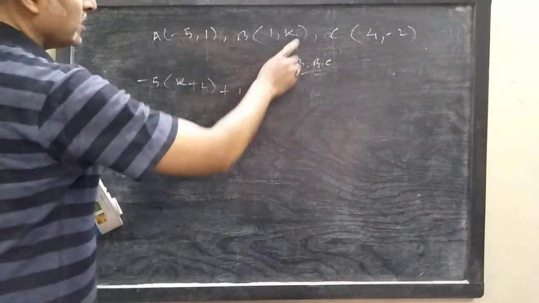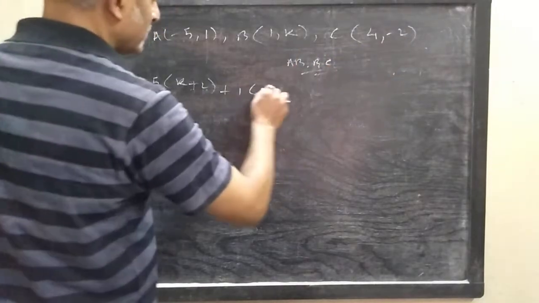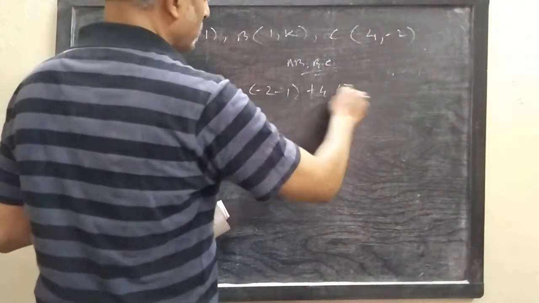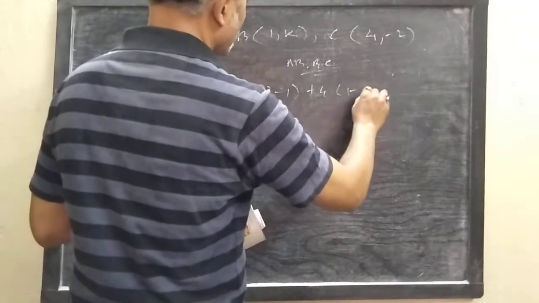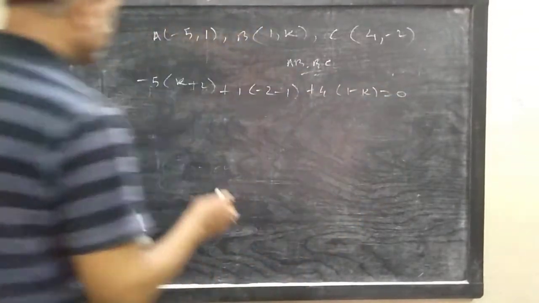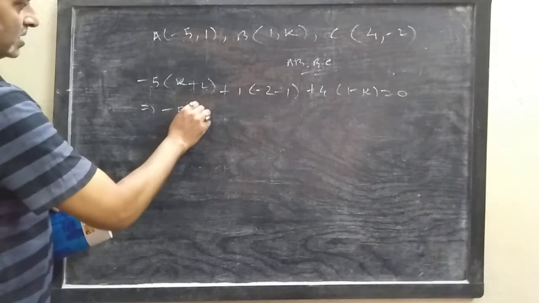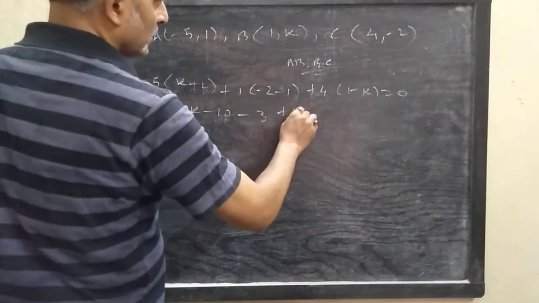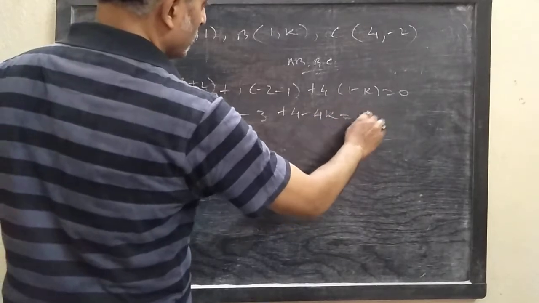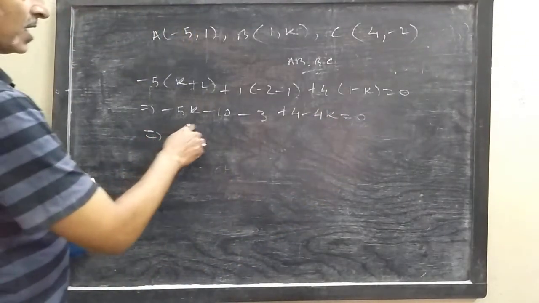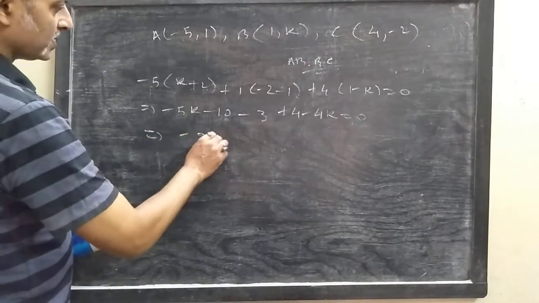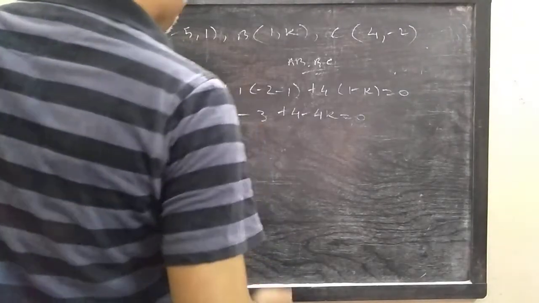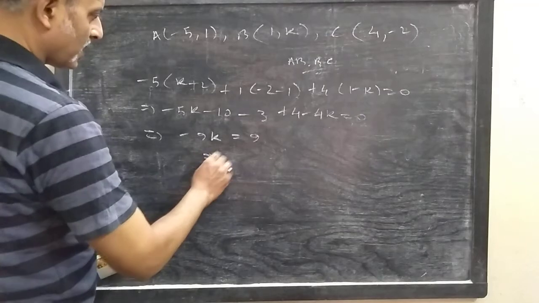Plus x2 into y3 minus y1, y3 is -2 minus 1, plus x3 into y1 minus y2, 1 minus k equals 0. -5k minus 10, this is -3, this is 4 minus 4k equals 0, -5k minus 4k, that is -9k, -13.